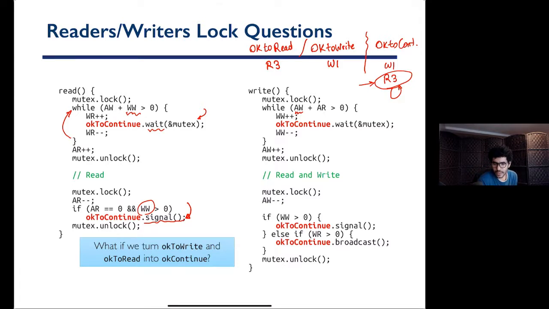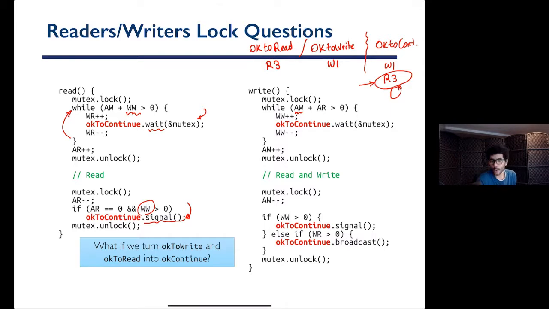I got a question. So if signal doesn't always signal the earliest process in the waiting queue, then what heuristic does the OS use to signal processes? I thought queues were first in, first out. So first of all, we haven't yet talked about how to implement this, right? We haven't talked about the internals of a condition variable.